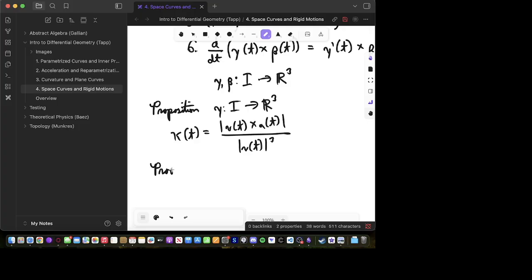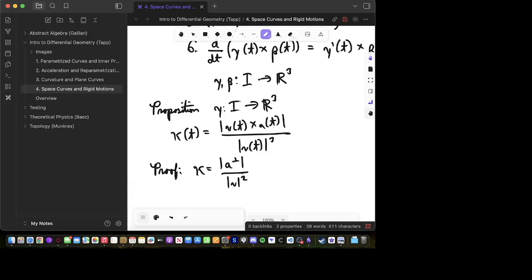So let's prove it. We already know that the curvature is equal to the perpendicular component of the acceleration divided by velocity squared. That stems from the previous video.